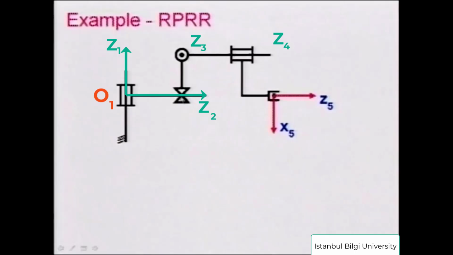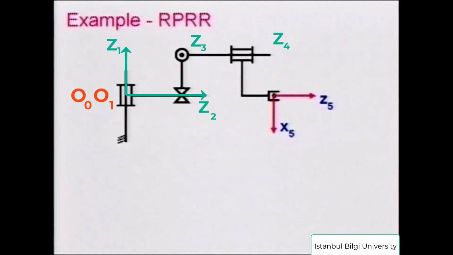So origin 1, that is O1, is imposed. But we put O0, the origin of frame 0, at that location because we want to minimize the number of parameters. If we put O0 lower or higher, we will have a distance that we need to account for by an additional parameter.